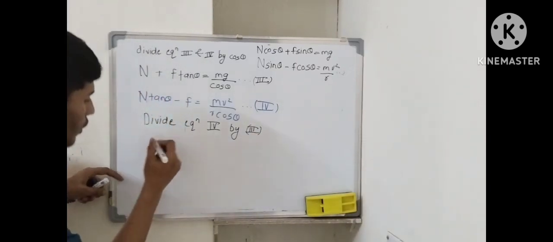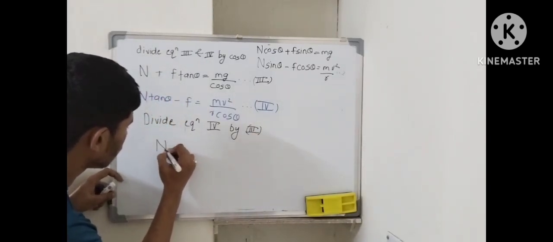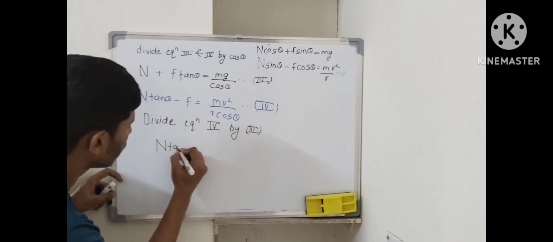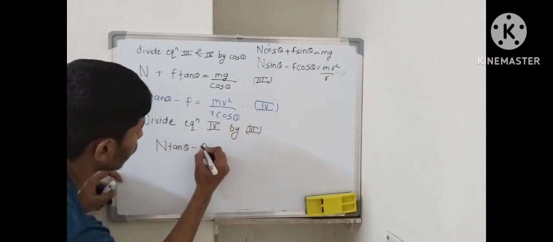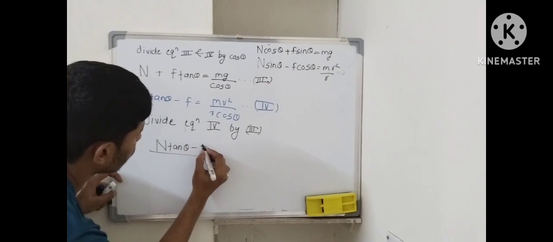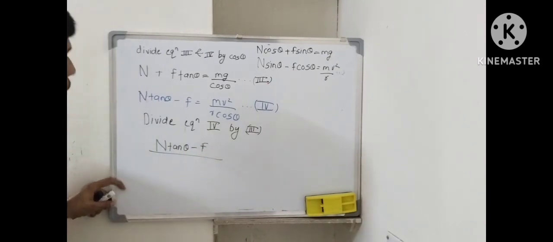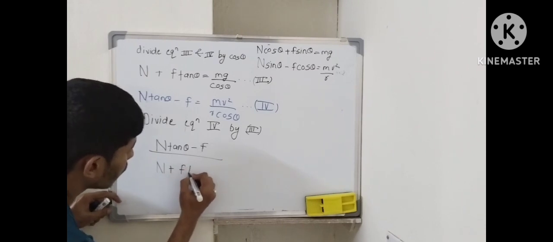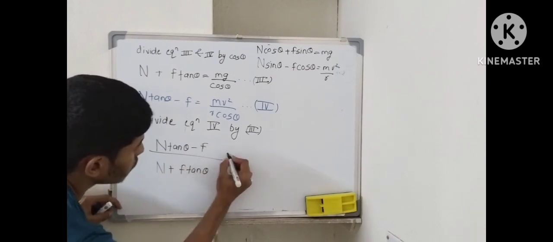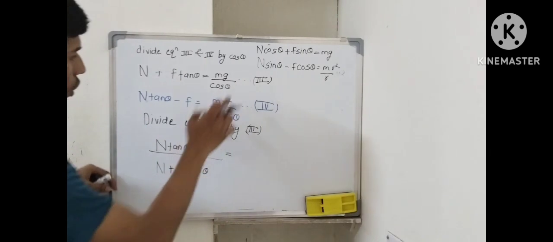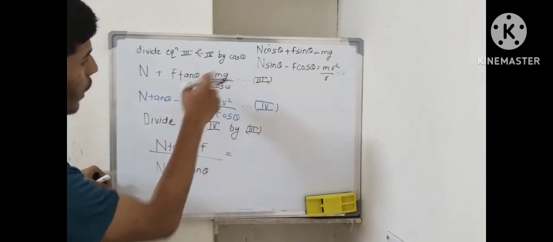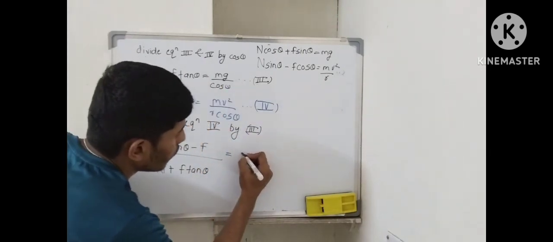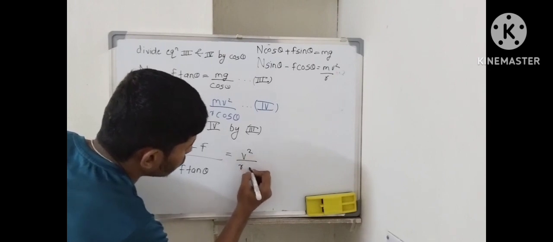What we will get: N tan theta minus f upon N plus f tan theta is equal to, now cos will get cancelled, m will get cancelled, so what will be remaining is v square by rg.